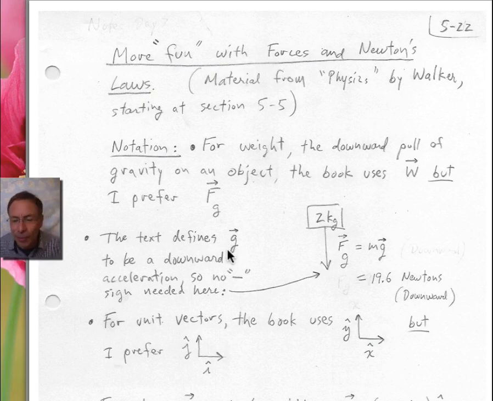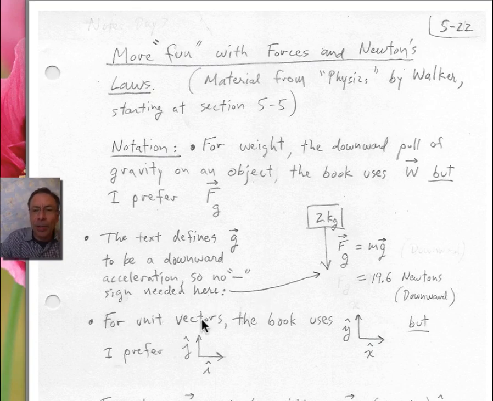This had me confused for a while too. Before, we were saying that F sub g equals minus mg, but that's before we had the vector version of g. So now that we have this vector g, we can write F equals m times vector g and not have to worry about the negative sign.